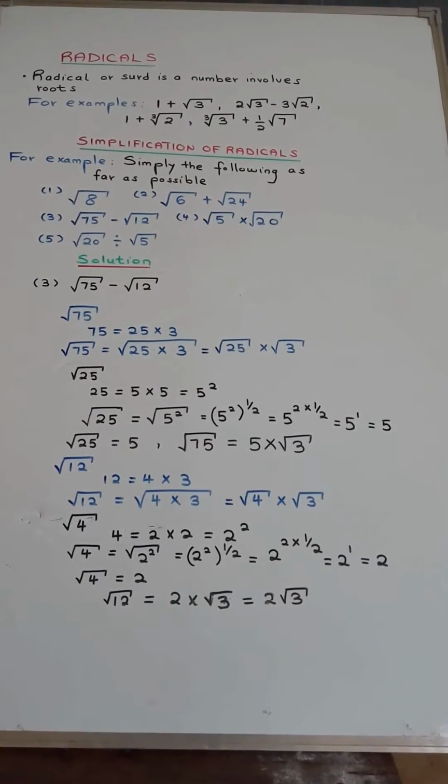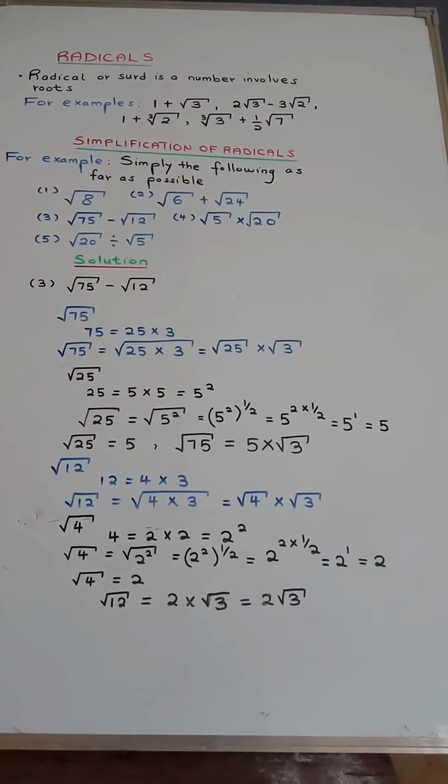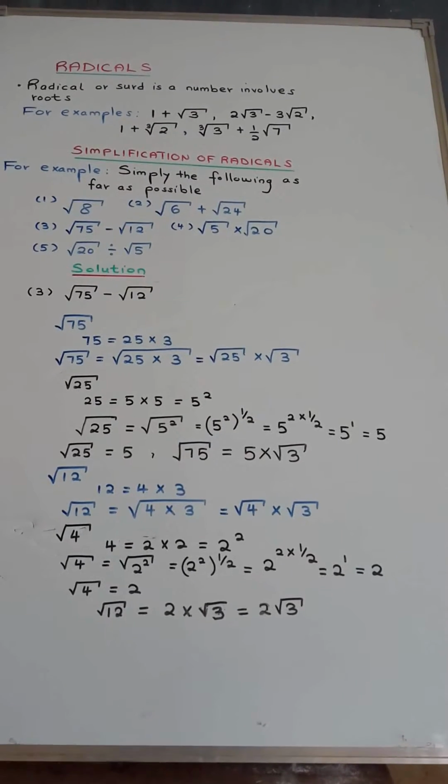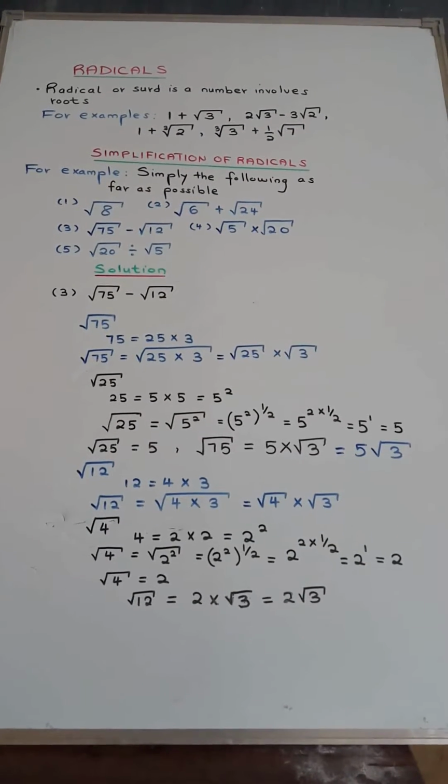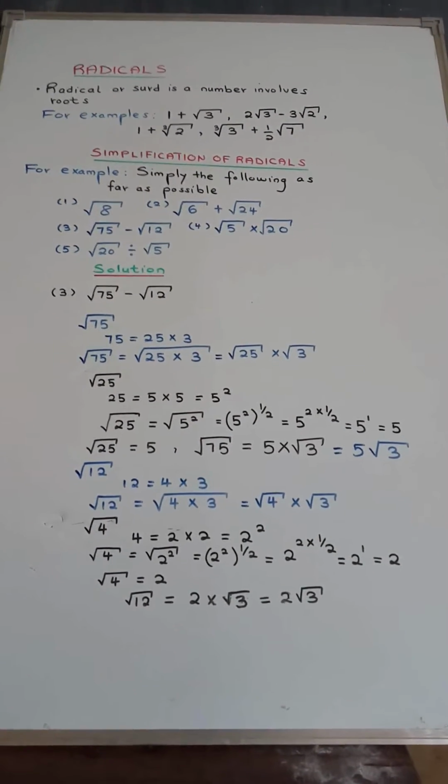So radical 75 is equal to 5 times radical 3, which is equal to 5 radical 3.